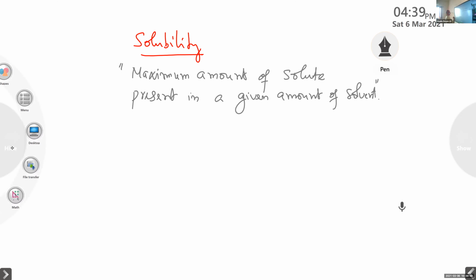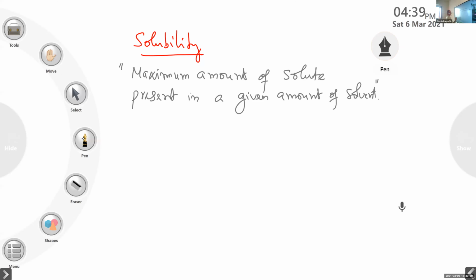So we can write a definition for saturated solution here. What is a saturated solution?